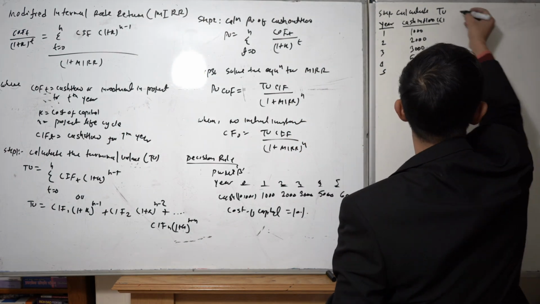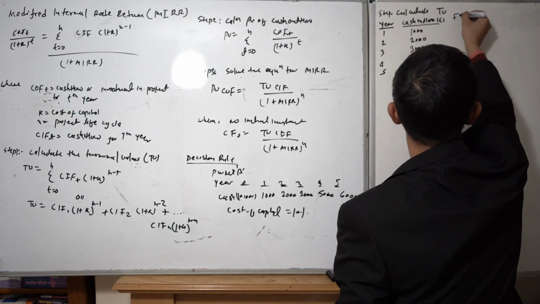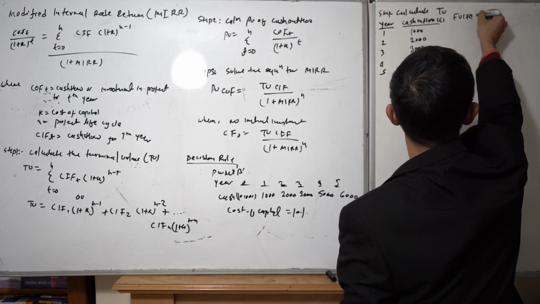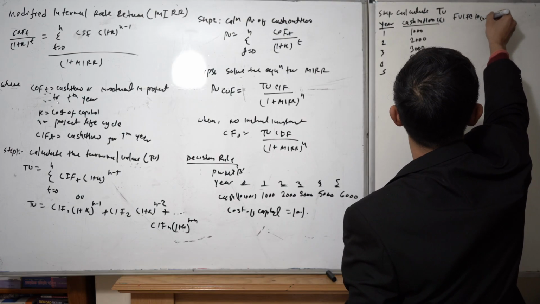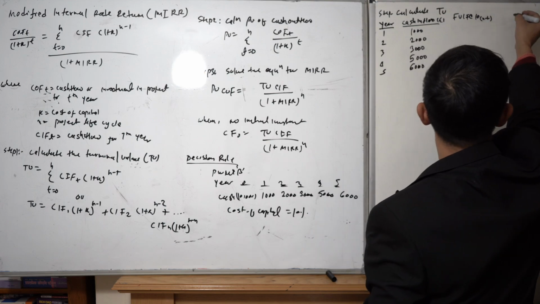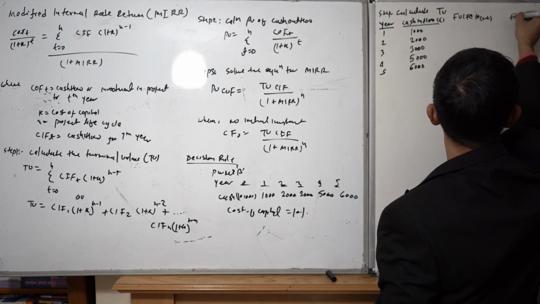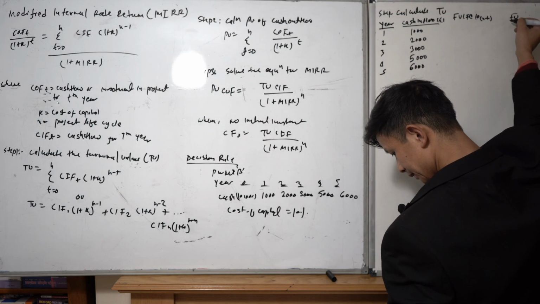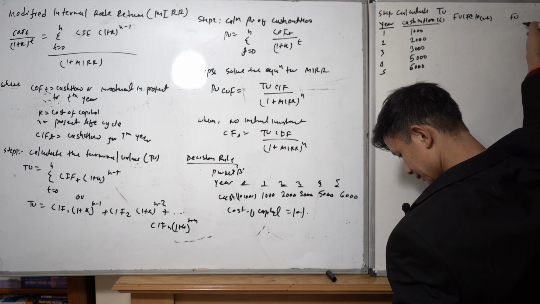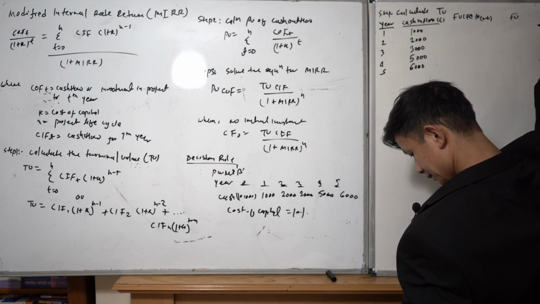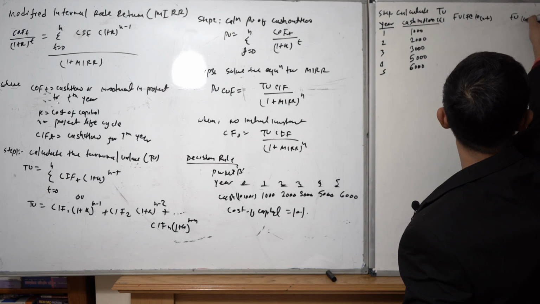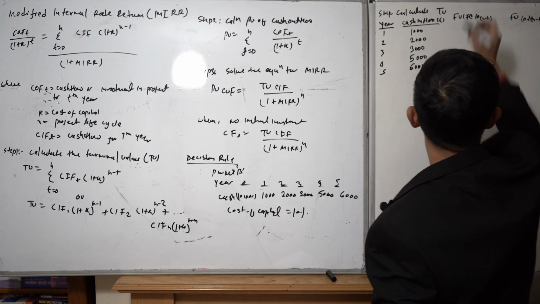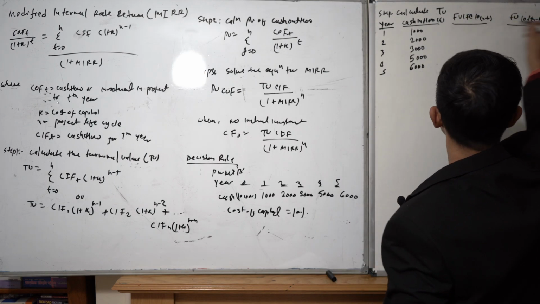That means future value interest factor annuity at 10% for n minus t, and future value at 10% for n minus t. This is the formula.